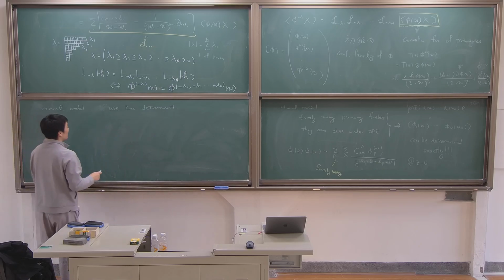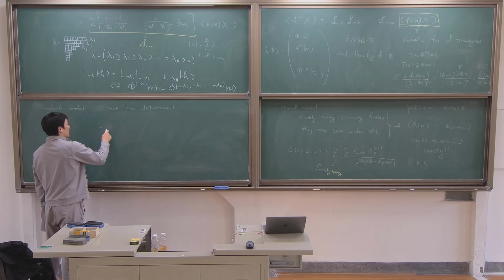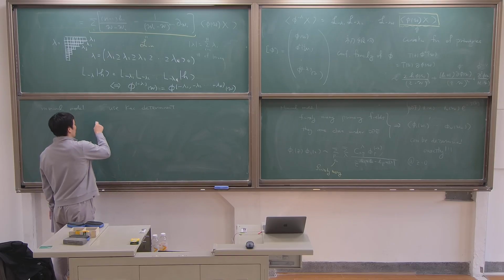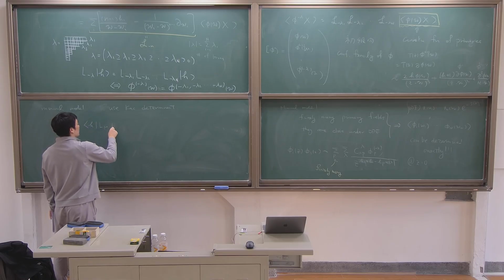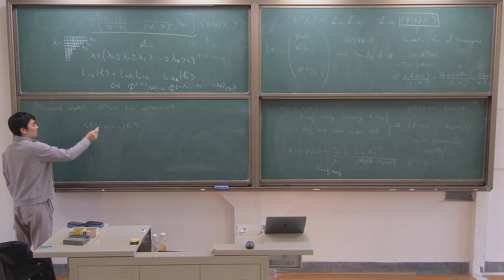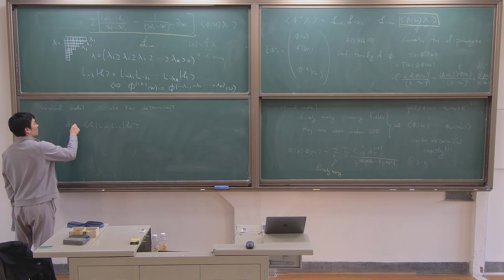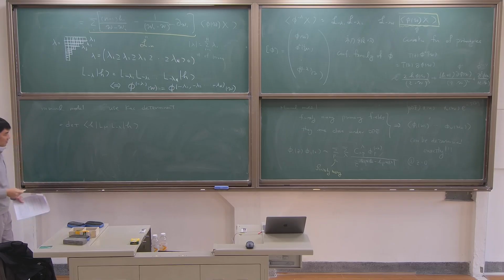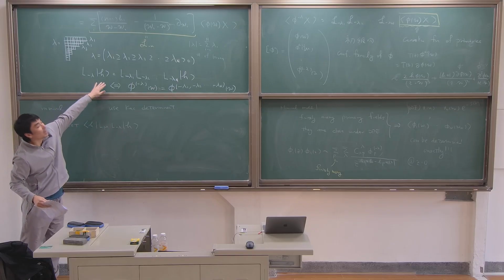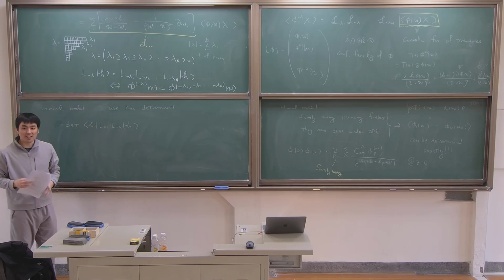You just use the matrix given by the primary field and descendants. You just consider this kind of operator matrix, and then take the determinant. This is the Kac determinant. Here h is the primary field, and L minus lambda I explained to you. This is the action. And this is the Kac determinant.